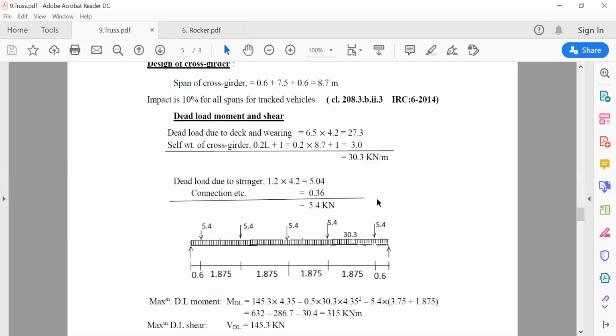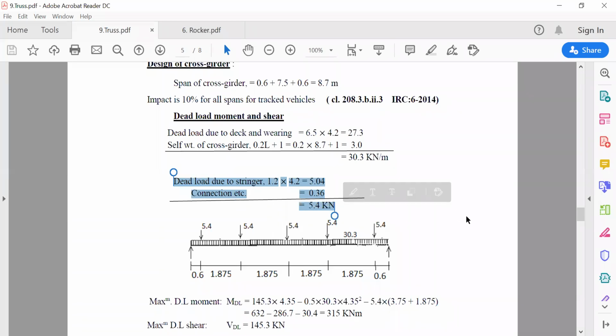And connections, like bolts and all, 0.36. I have to see from where they have taken it, but maybe I have forgotten actually. Maybe there is a clause somewhere. I will look into it and I will tell you. So the total load of the stringer on the cross girder is 5.4.